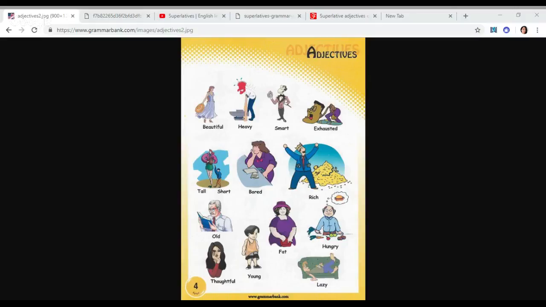The comparative. So we can use: the girl is more beautiful than the guy.